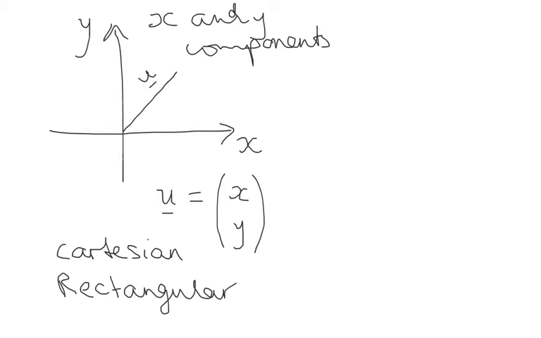The other way to express a vector is using its magnitude and direction. We have the same grid, but this time vector u is expressed in terms of r, its magnitude, and theta, its direction.